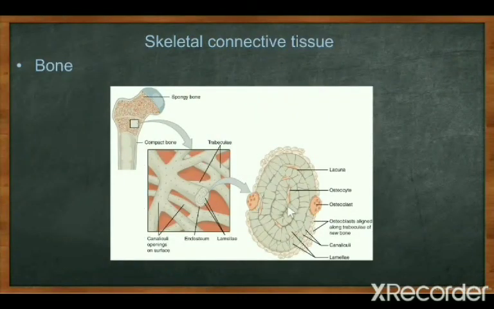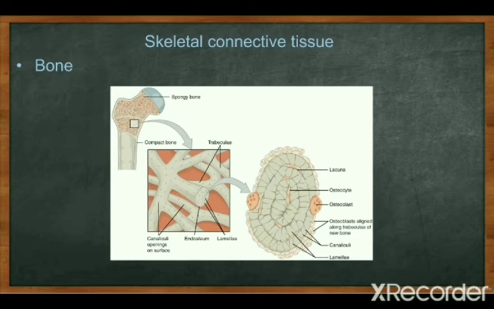Next one is skeletal connective tissue. Skeletal in that we will discuss about the bone and the cartilage. Bone is the hardest part of our body. First we discuss about the bone. Bone is the hardest connective tissue.